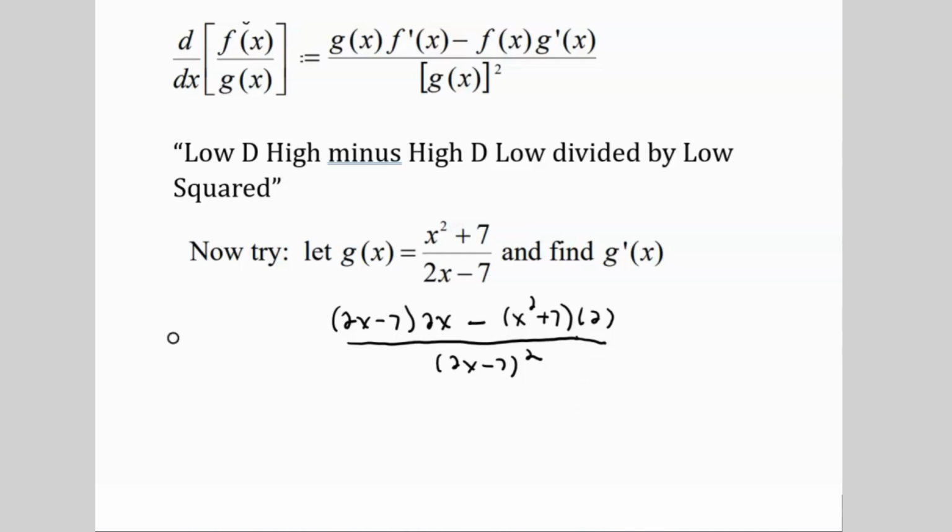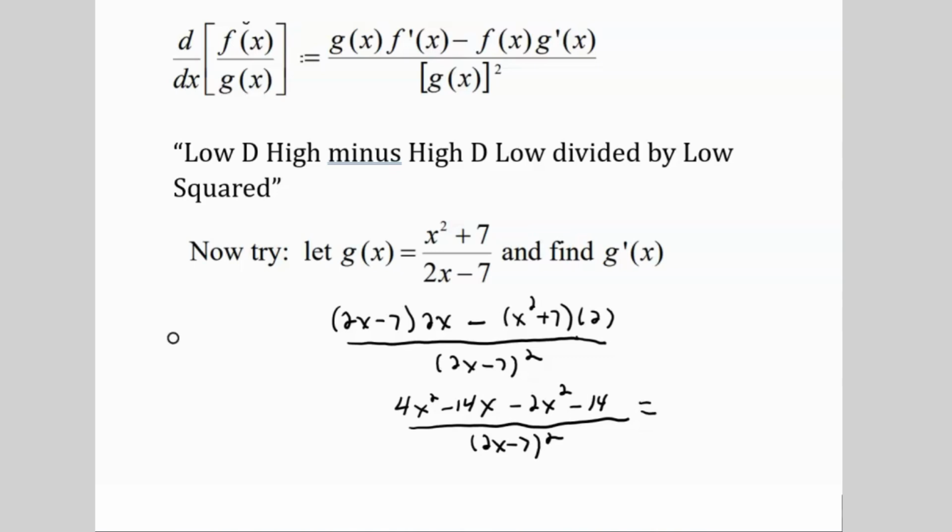In this case, we're going to distribute the 2x, so I would get 4x squared minus 14x. And then I'm going to distribute the 2, and I have a minus out front, so this would be negative 2x squared minus 14, all divided by 2x minus 7 squared.